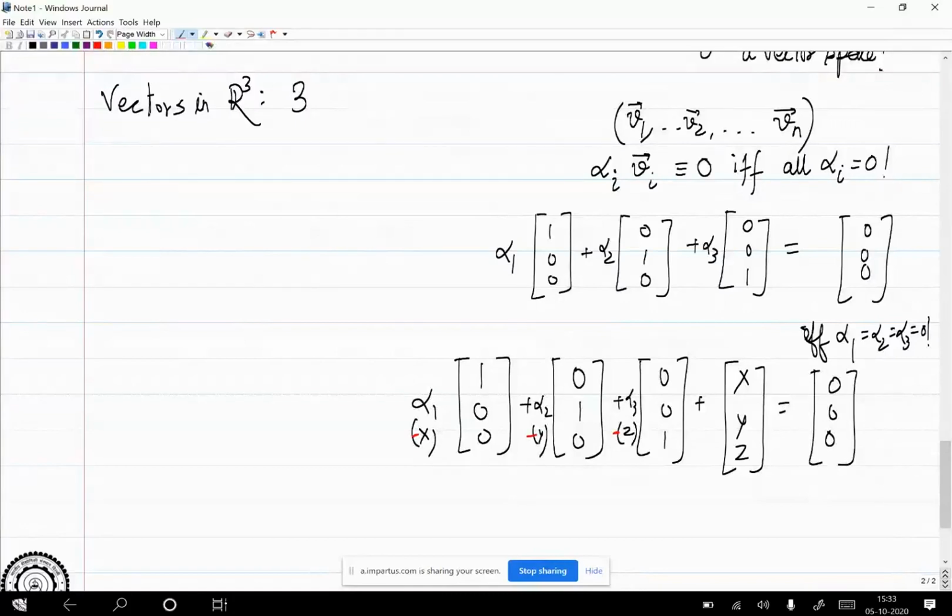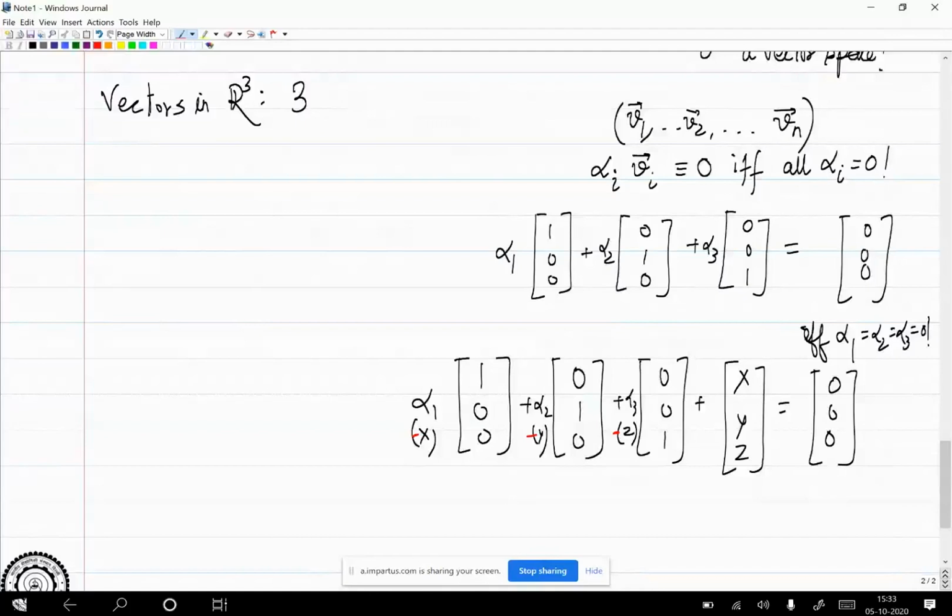So with four vectors, they are not linearly independent. So the maximum number of vectors which are linearly independent in R3 is 3. And therefore the dimension of R3 is 3.